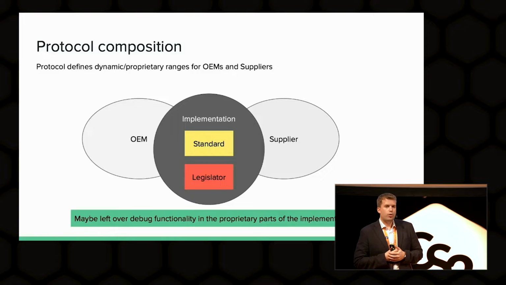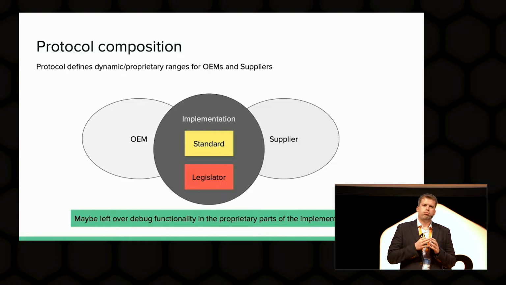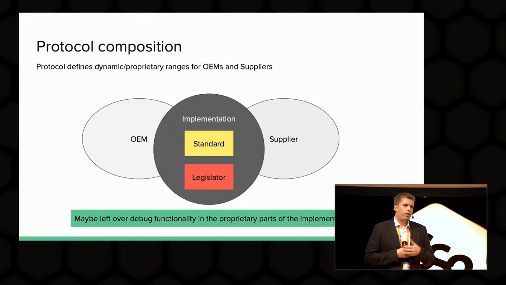But besides that, the protocol leaves a lot of room for the OEM and the supplier to implement their own services. And what sometimes is really a problem, they implement services to do debugging during the development phase.